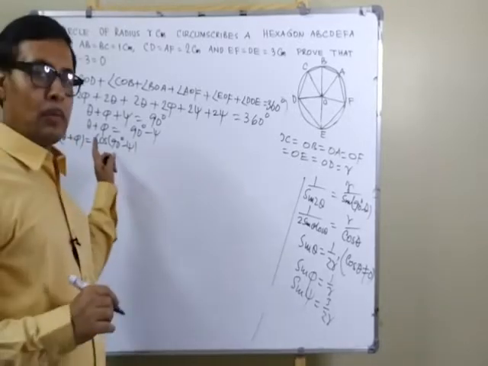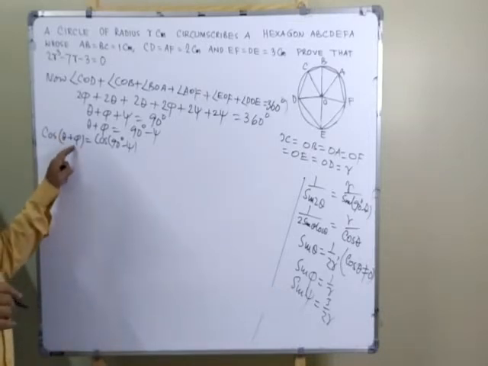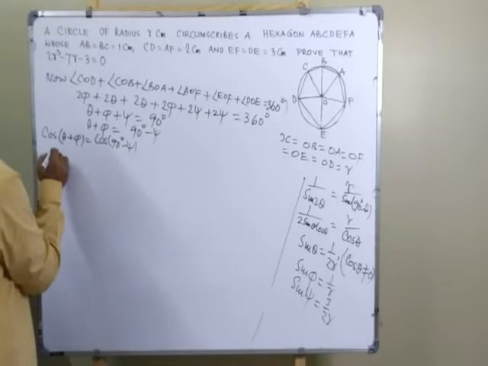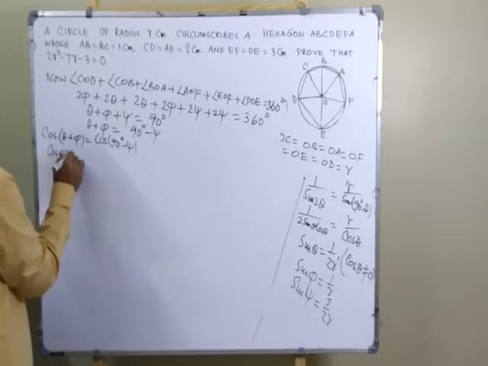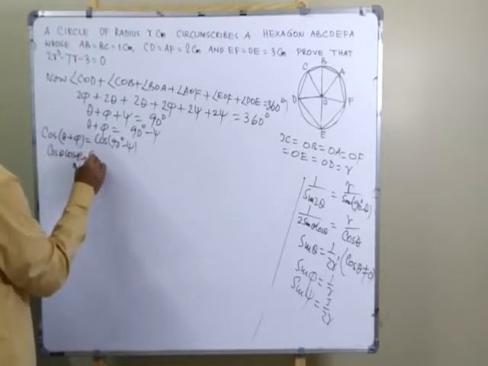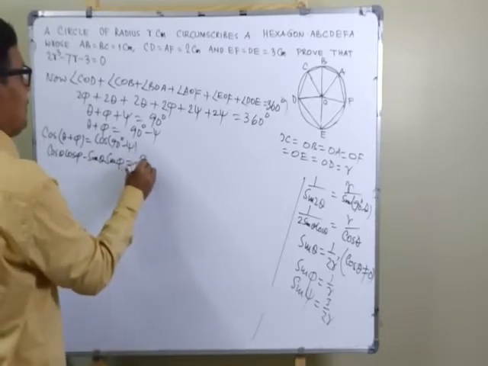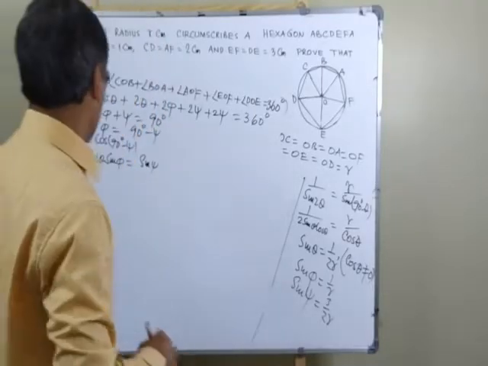By the formula of composite angle, cos of theta plus phi is cos theta cos phi minus sin theta sin phi, and this is also sin psi. Cos of 90 minus psi is sin psi.